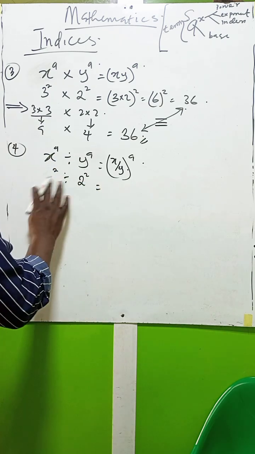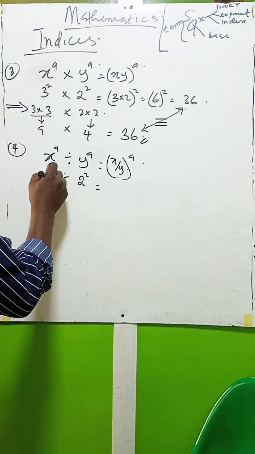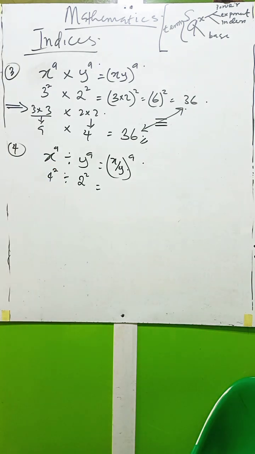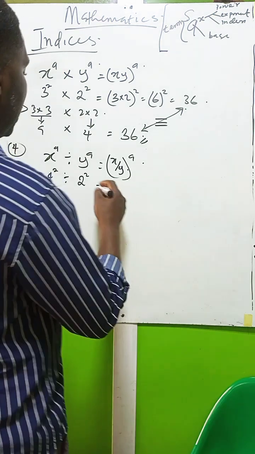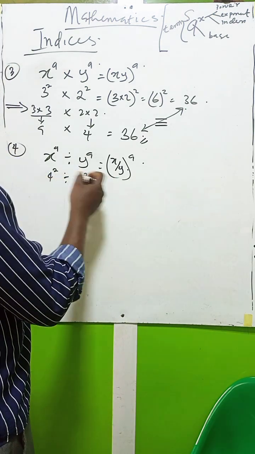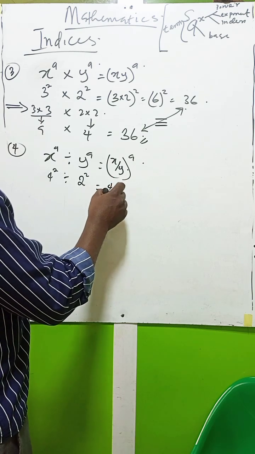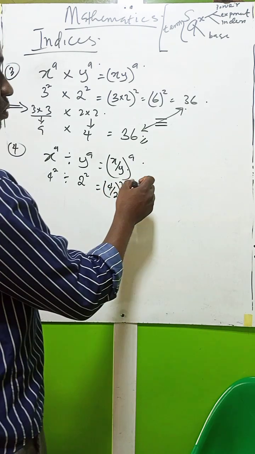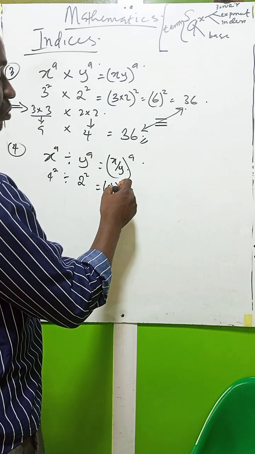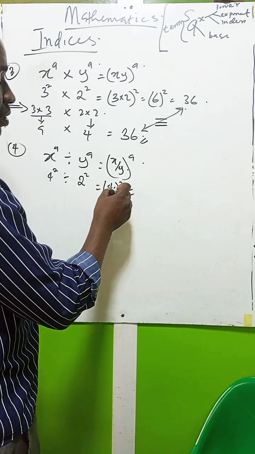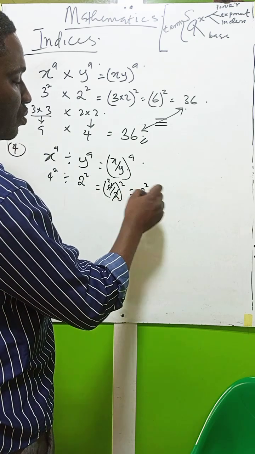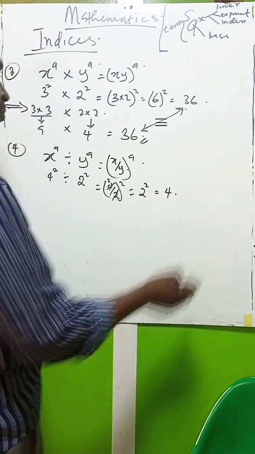Okay, let's make this 4. 4 raised to power 2 divided by 2 raised to power 2. Then we'll have what? 4 over 2 raised to power 2, which is, solving the bracket, this cut this to give us 2, that's 2 raised to power 2, which is what? 4.